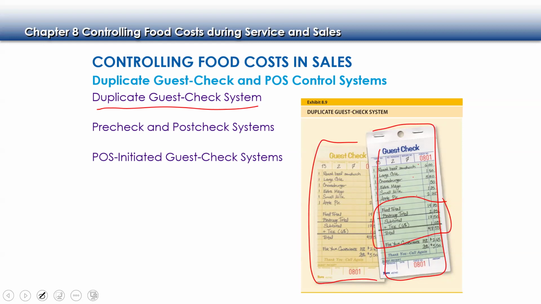Most places are going to go to POS, which is a point of sales, like Micros, Toast, Square. Clover, okay, yeah. So those are our POS systems. It keeps track of how many items were actually sold, and can print it out.